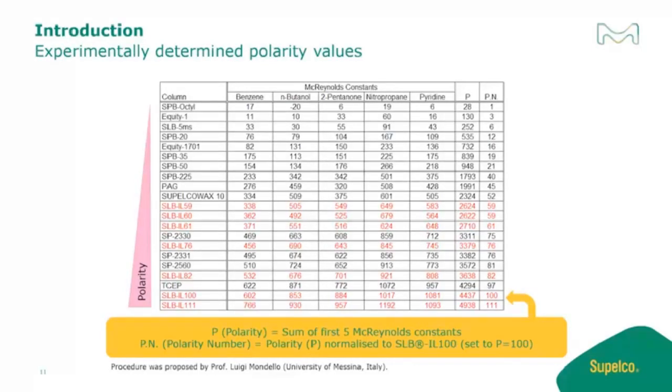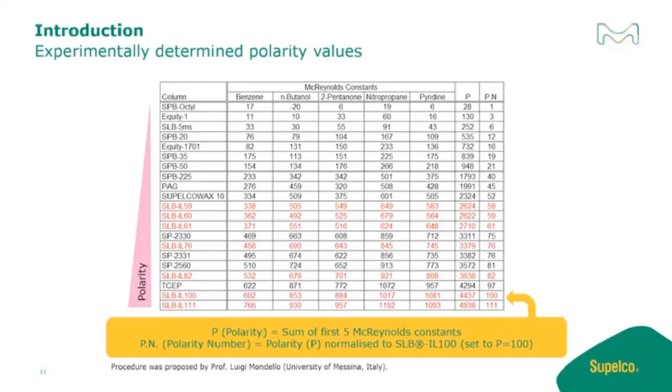And so what he did is he took a summation of the first 5 McReynolds constants, and as I said, because the SLBI-100 was the most polar, or very similar to TCEP, which is the most polar phase, we did a summation of the first 5 McReynolds probes, and then did a division of what the value is for a particular phase over the SLBI-100.